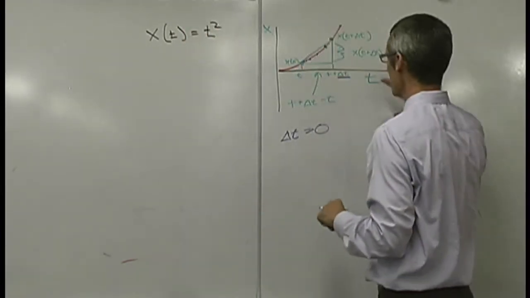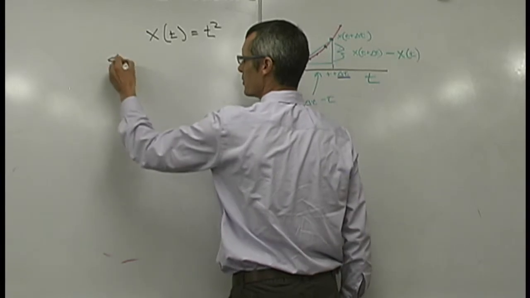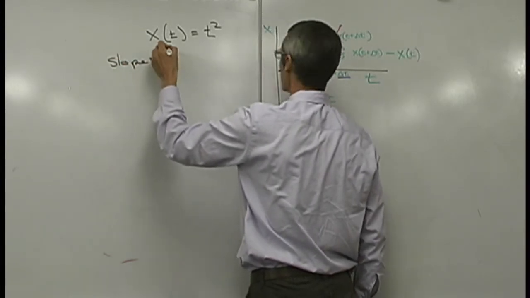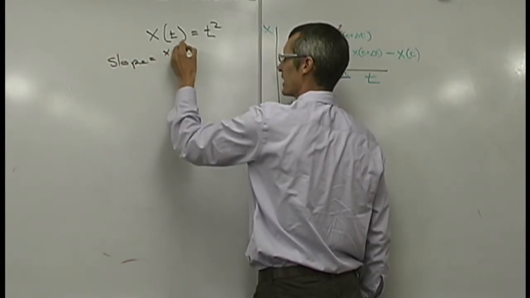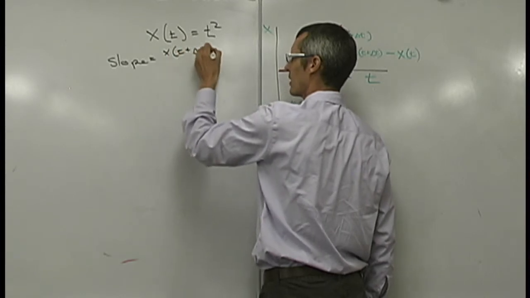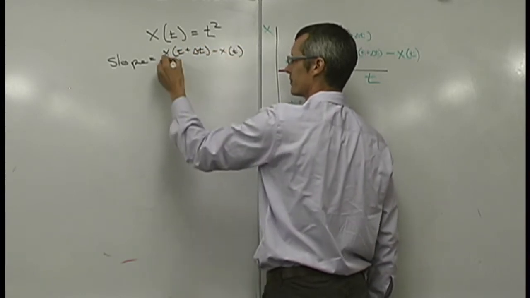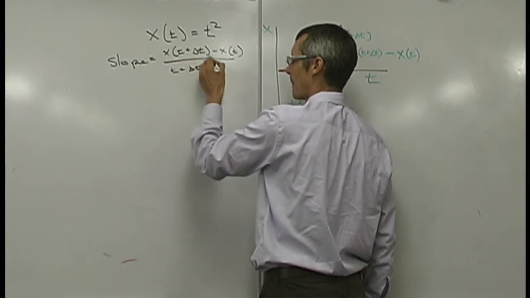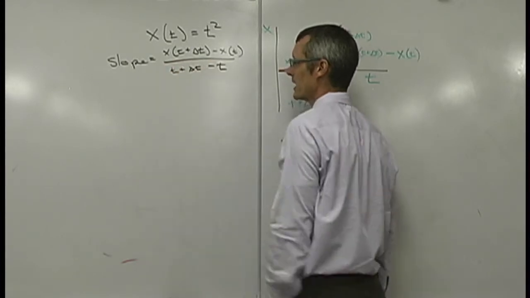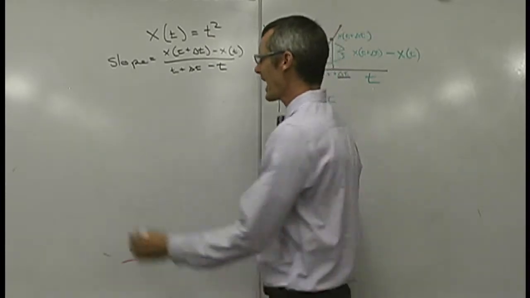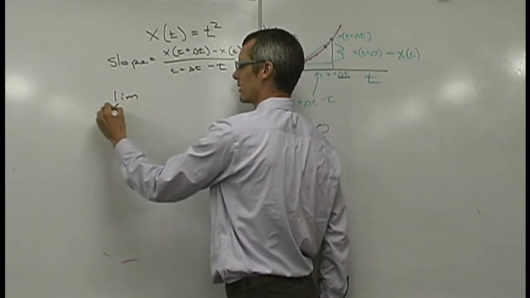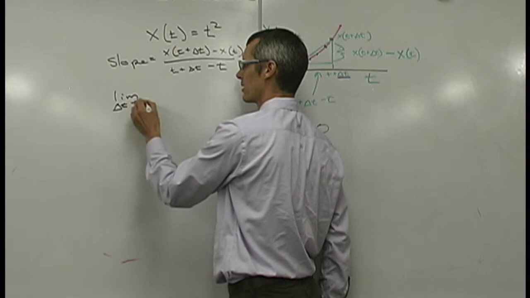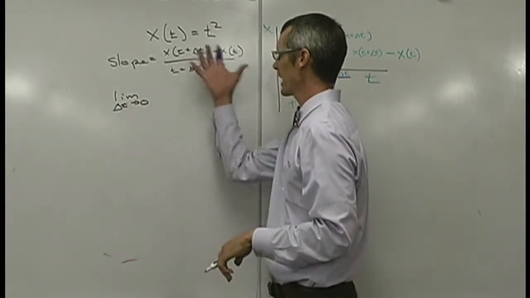And then I'm going to write out my slope here. My slope is equal to x of t plus delta t minus x of t divided by t plus delta t minus t. And I want to find the limit as delta t goes to 0 of this expression.